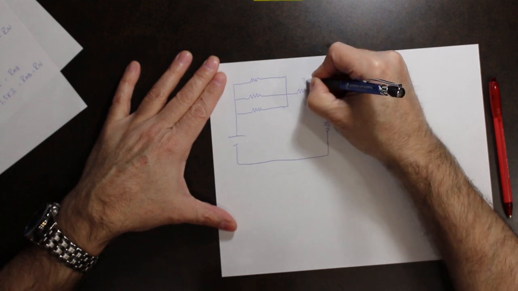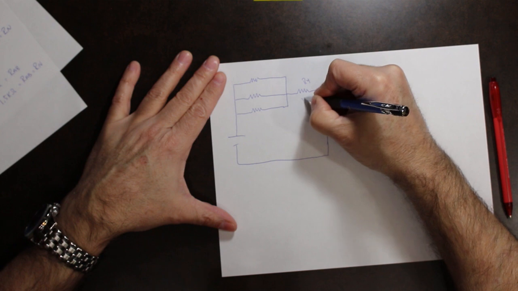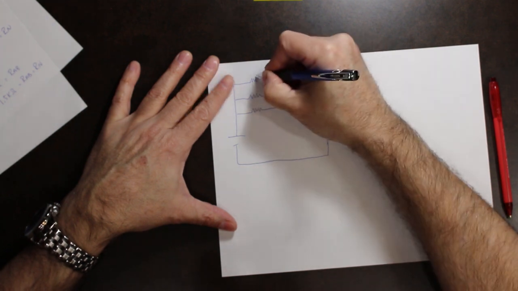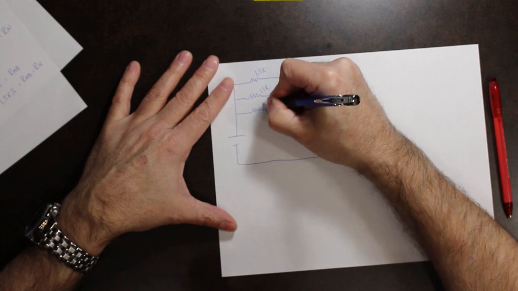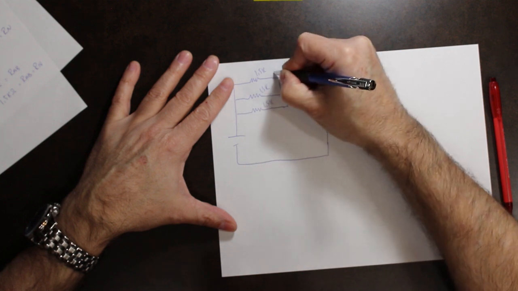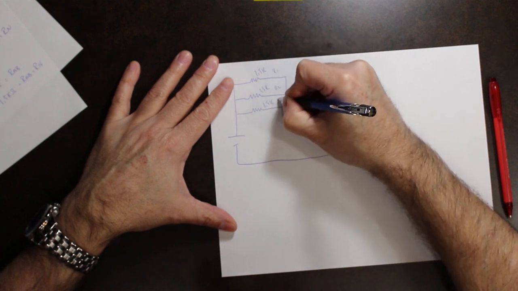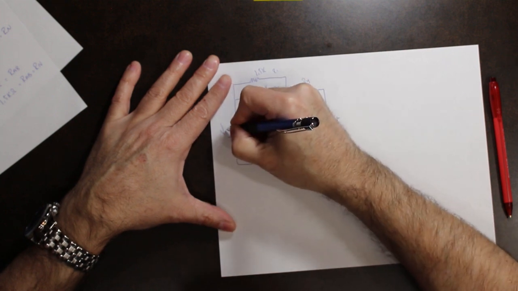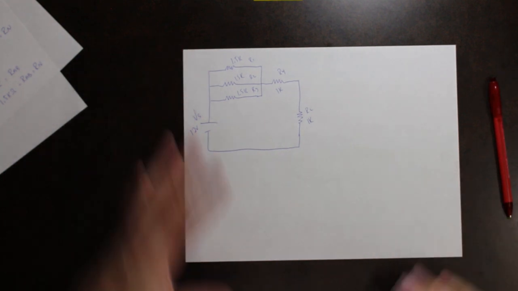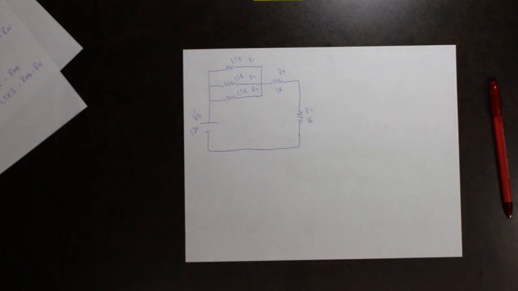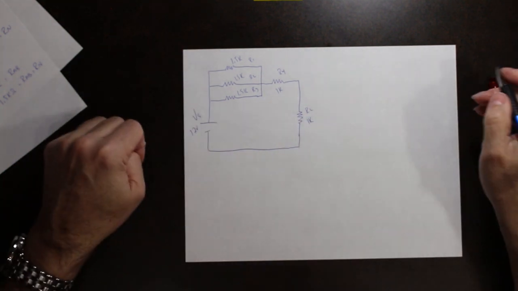So we're going to go back to the original case, and we have 1.5K, 1.5K, and 1.5K. That's R1, R2, R3, and this was the source, and this was 12 volts.